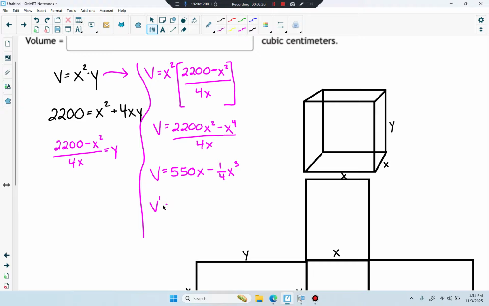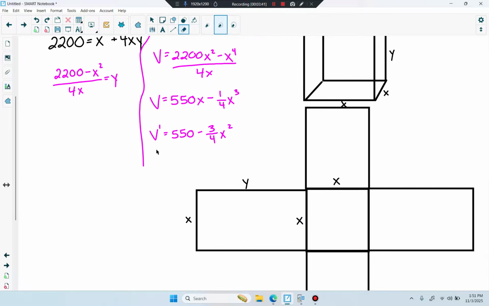V prime equals 550 minus 3/4 x squared. Okay, set that equal to 0. If I add 3/4 x squared to both sides, I get 550 equals 3/4 x squared.